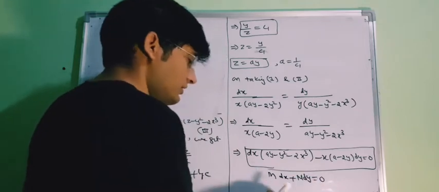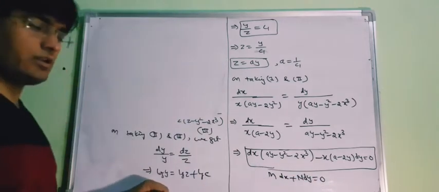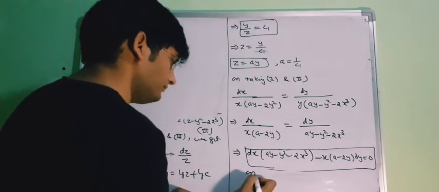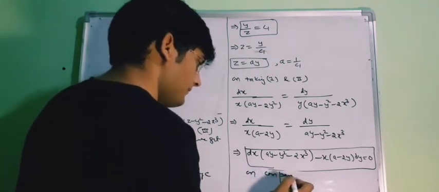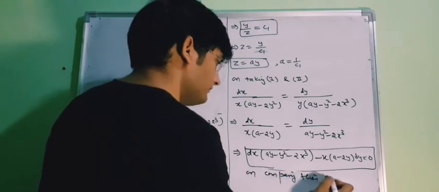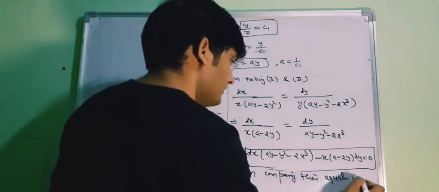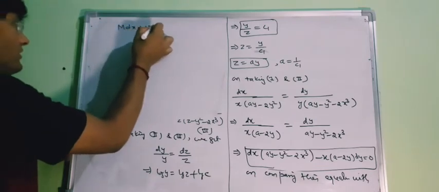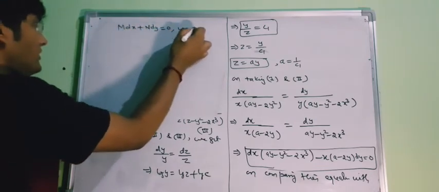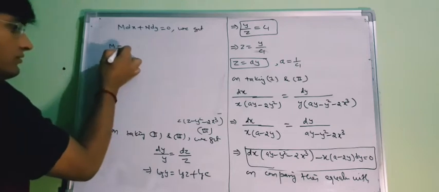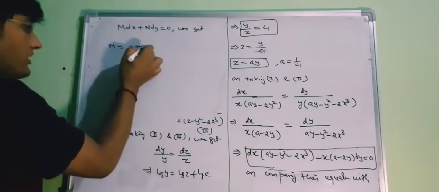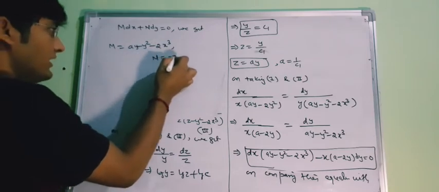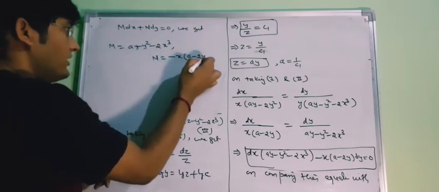Let us suppose that this is of the type M dx plus N dy equal to 0. On comparing, we get M as ay minus y square minus 2x cube, and capital N will be minus x a minus 2y.